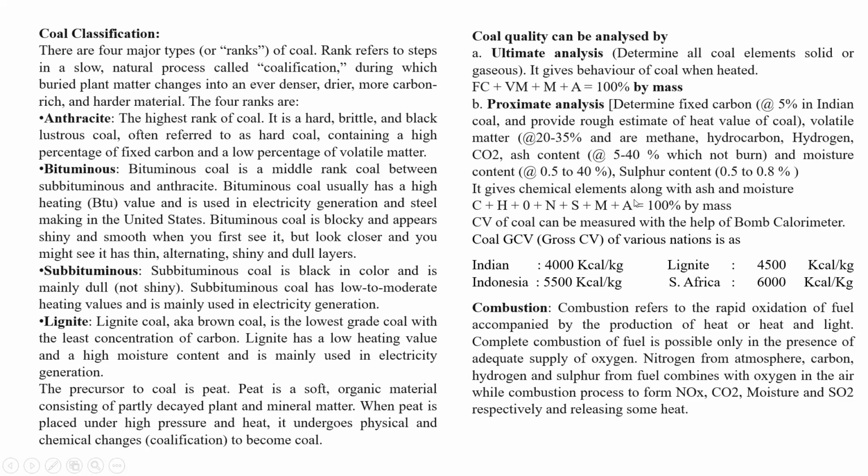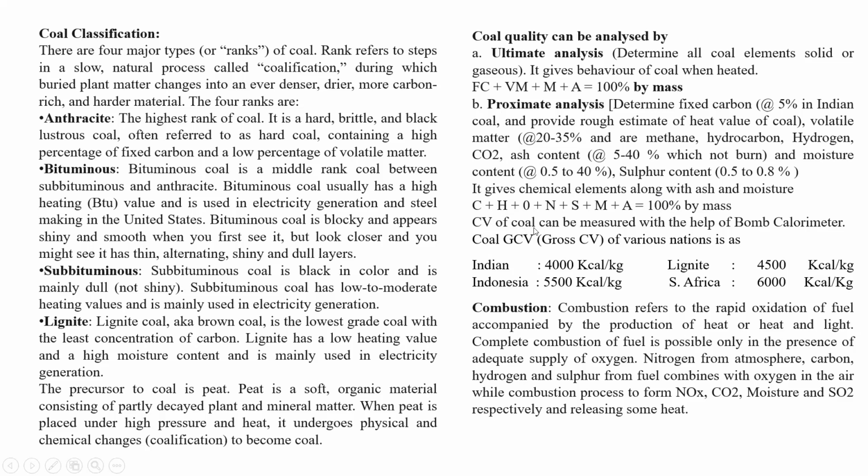It gives chemical elements along with ash and moisture. By this we can find out the value of carbon, fixed carbon, hydrogen, oxygen, nitrogen, sulfur, moisture content, and ash present. By volume also we can find out the value in coal.